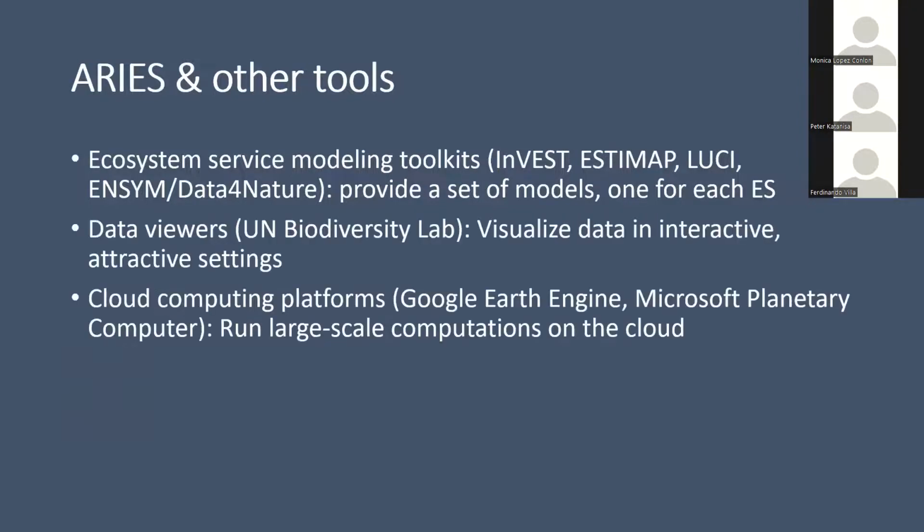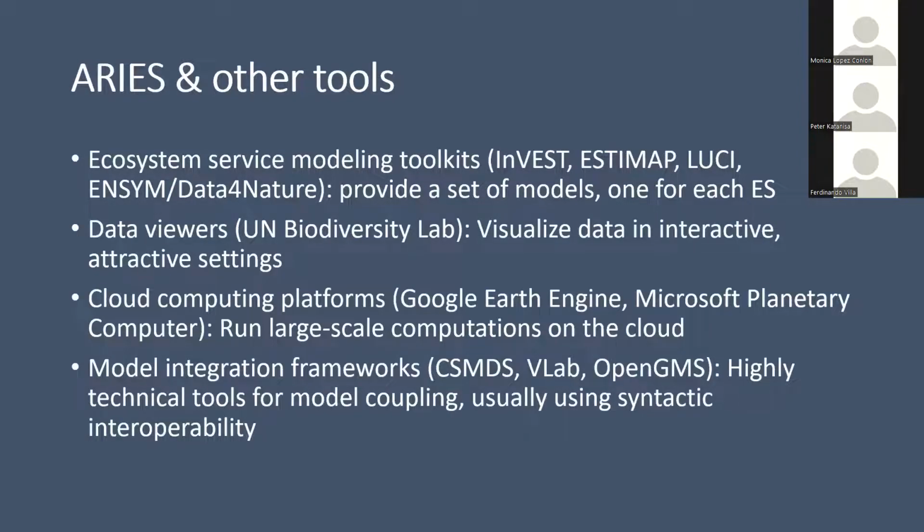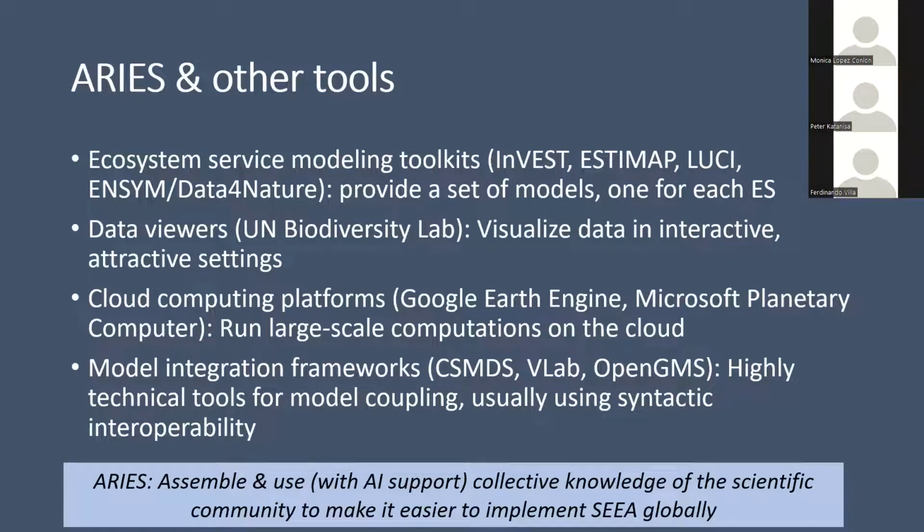So there are a lot of tools out there, and you've probably heard of some of the tools on this slide. I just mentioned this because there are ecosystem service modeling toolkits, there are data viewers, there are cloud computing platforms, and there are model integration frameworks. So there are a lot of people that are looking at different aspects of this problem. But what makes ARIES different, and for some takes a little bit of time to fully understand, but what's so important is that what ARIES enables is the assembly and use of collective knowledge rather than individual siloed knowledge.